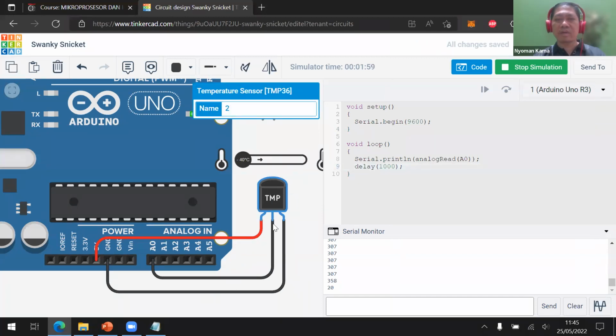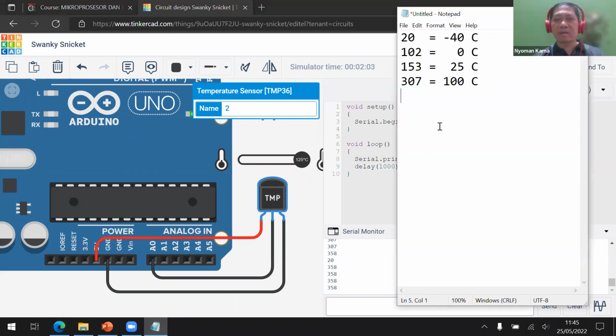And the maximum is 125. 125 will be represented by the TMP36 as 358, equal to 125 degrees Celsius.